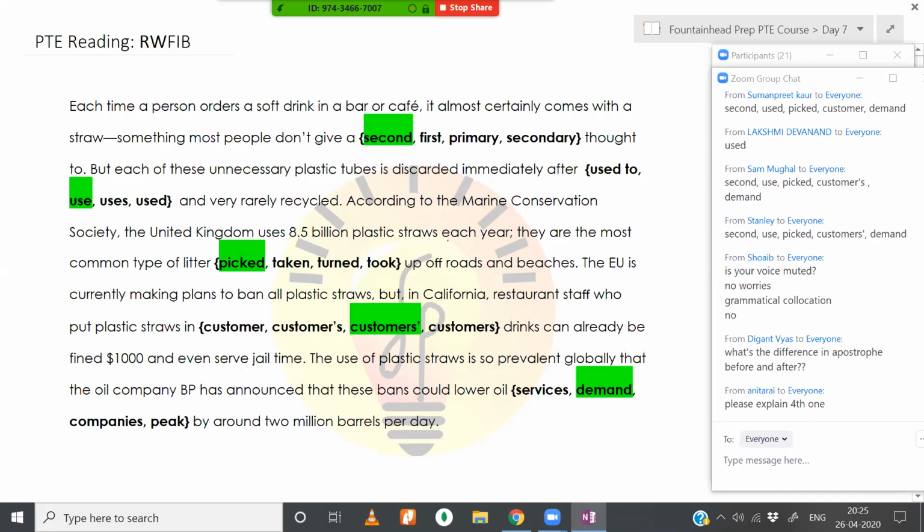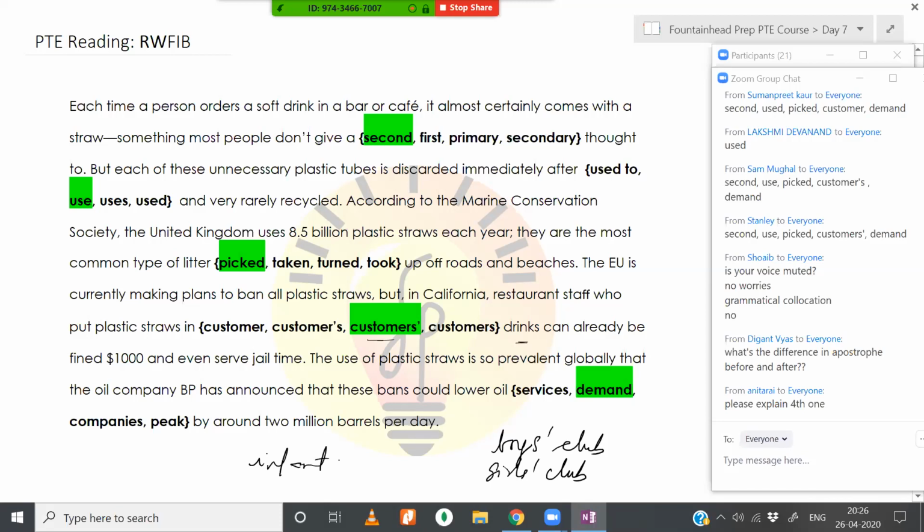Why do you call it a possessive noun? Because it's the customers' drinks that you're talking about. Whenever you have a plural that ends with S, then you always have to put S apostrophe. For example, boys' club, girls' club, infants' vision.